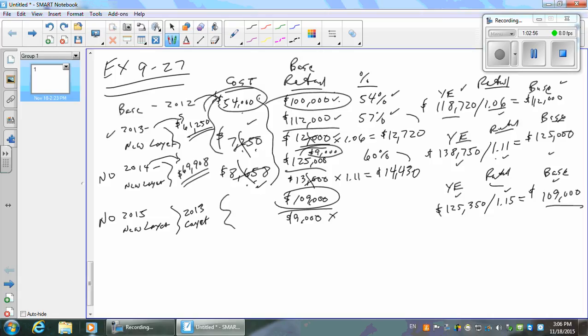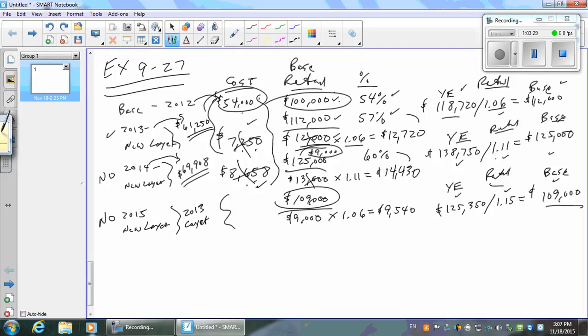So what was the index in 2013? 106. 106 equals 9540. Yeah, use the 2013 percentage now? Yes. Use the index. Whoops, 95. Come on, kid. What's wrong with my brain today? 9540.